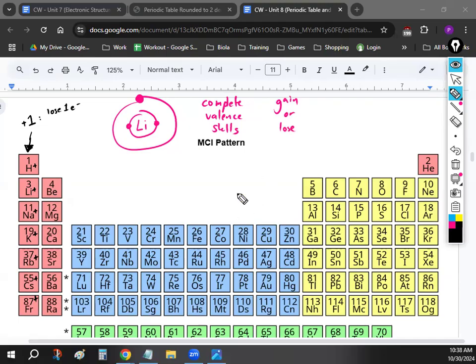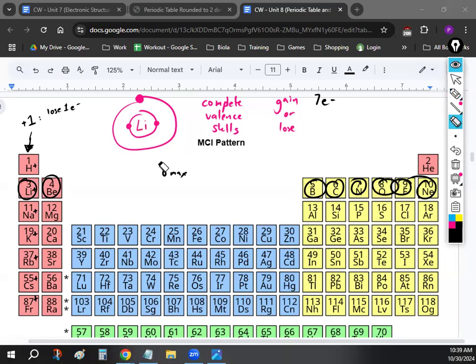Now, if you take a look at the outer shell of lithium, it's the second shell, right? And if you guys notice, there are 1, 2, 3, 4, 5, 6, 7, 8 maximum electrons that can go in the second shell, right? It can have a total of 8. Okay, so what lithium can do is it could gain 7 electrons to fill up that valence shell.